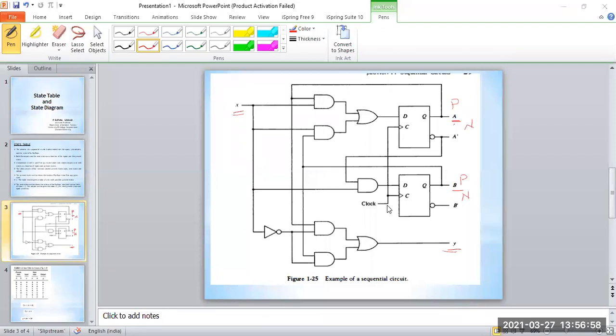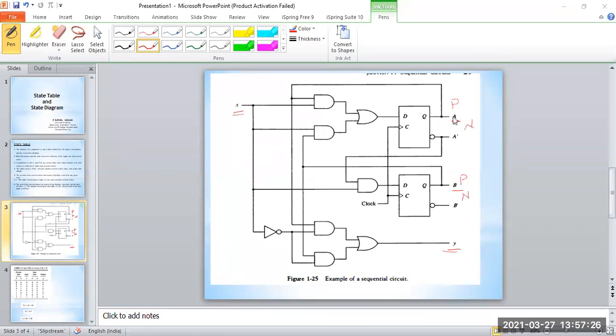The clock is used to synchronize these two, so this is a synchronous sequential circuit. In order to synchronize this circuit, we are using the clock. So A has the present state and the next state, and similarly B also has the present state and the next state.